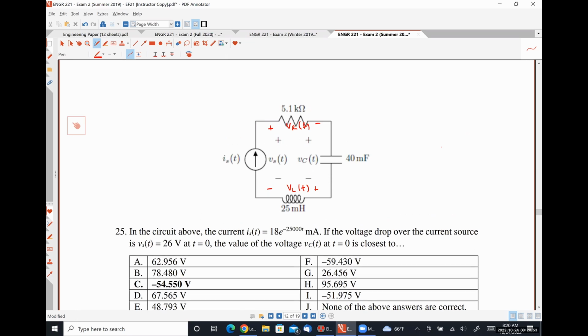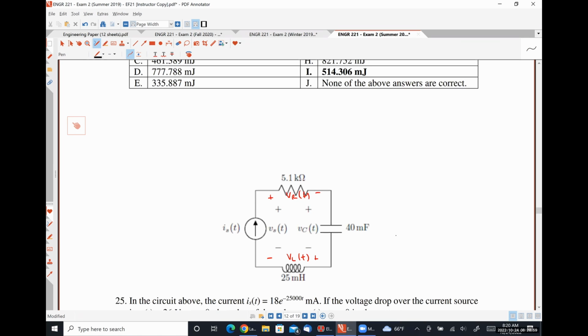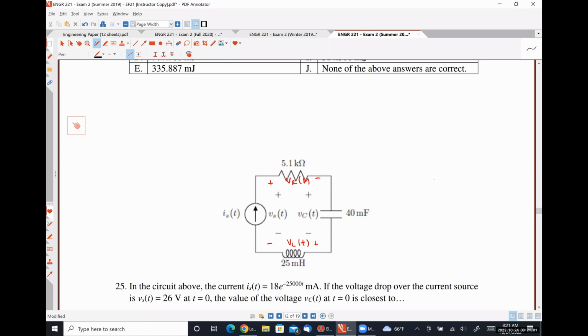So let me think about this. If we're trying to find the capacitor voltage, let me write down our capacitor equations. IC is equal to C dV by dt.